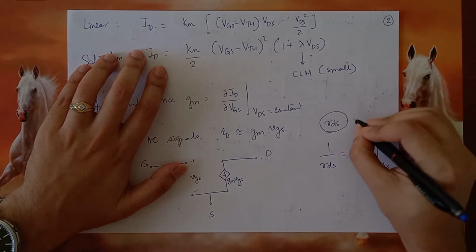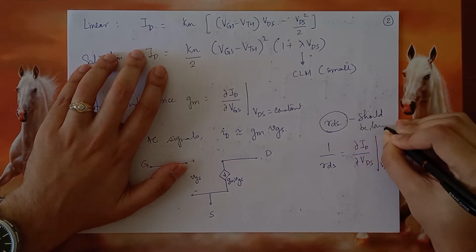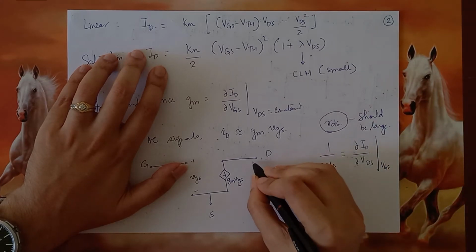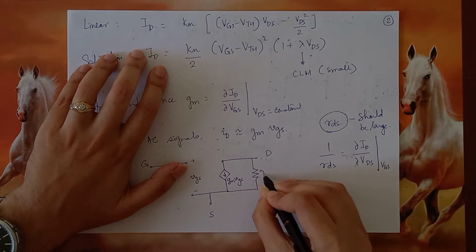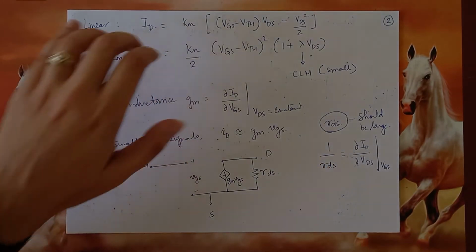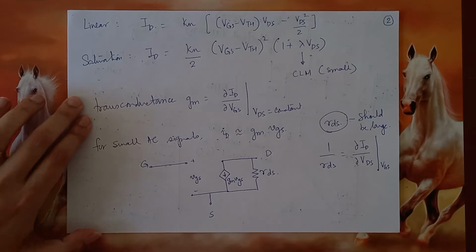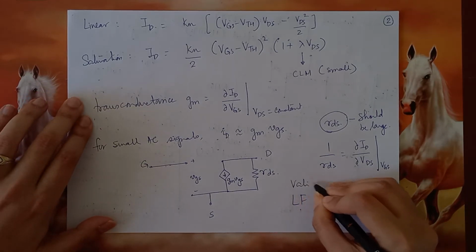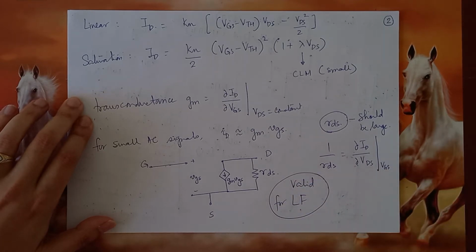Ideally, we want it to be large. Usually, it's of the order of a few kilo ohms. The more, the better. So between the drain and the source, we have this thing called RDS. So this is the very basic small signal model of a MOSFET, and this is what you have learned to be valid for low frequencies.